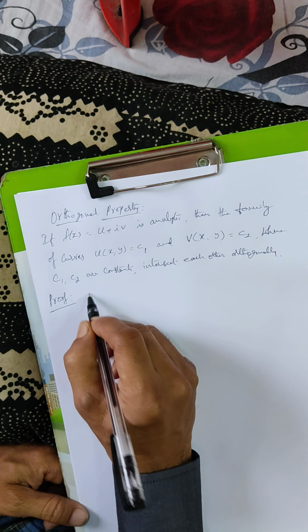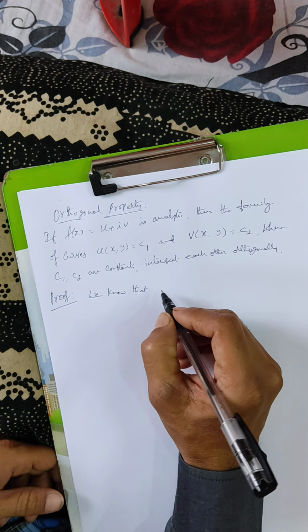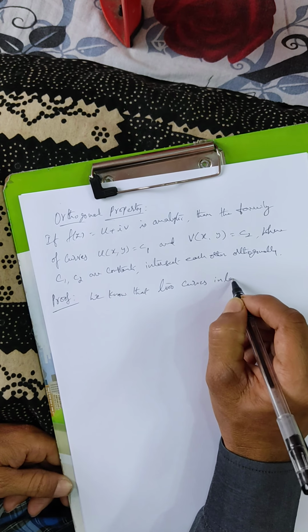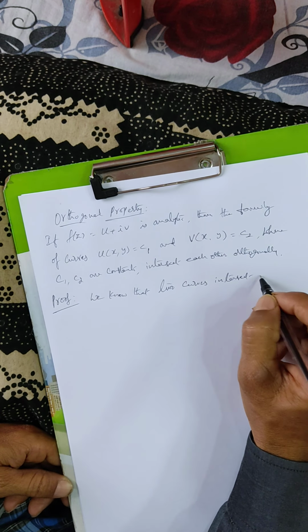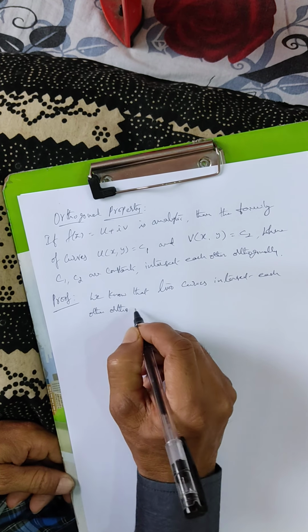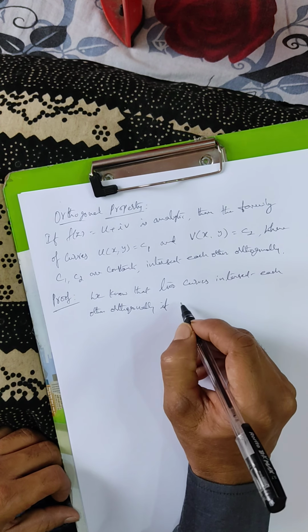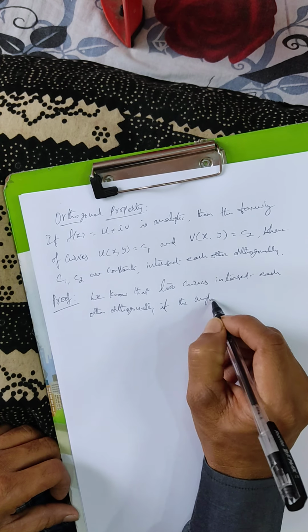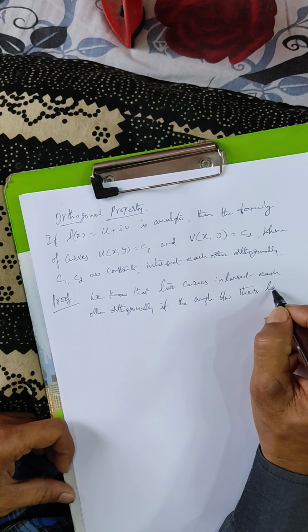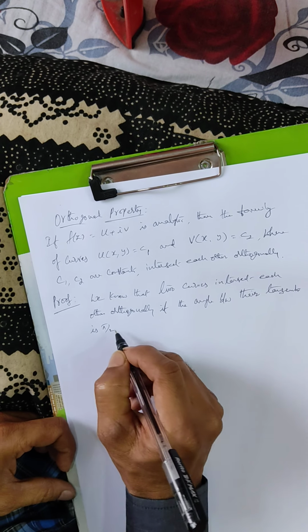Okay, so we know that two curves intersect each other orthogonally if the angle between their tangents is pi by 2 or 90 degrees.